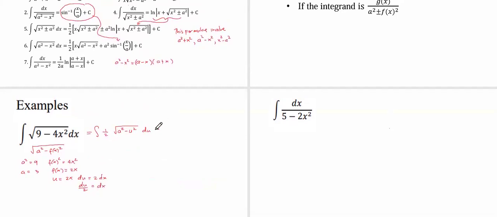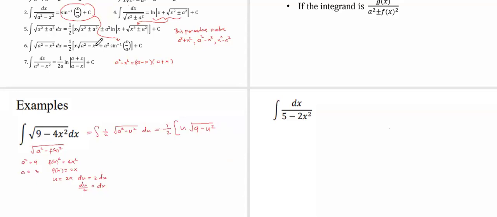So, this is equal to 1/2 times u and then square root of a squared minus u squared. A squared, ano yung a natin? A squared would be 9 minus u squared.